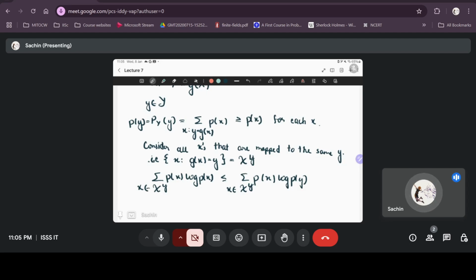The sum of p of x over all x's that go to y is obviously greater than or equal to the sum of p of x for one of those x's. And the equal to comes if there is only one x which goes to y that has non-zero probability.